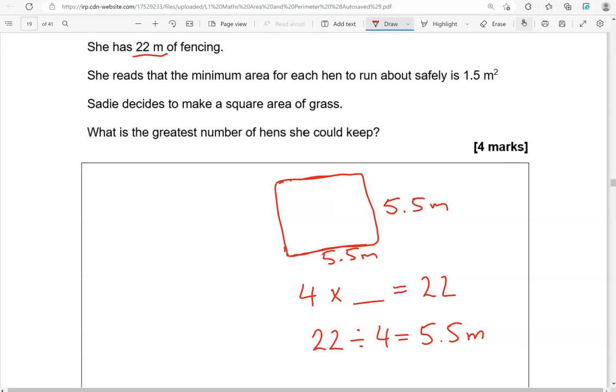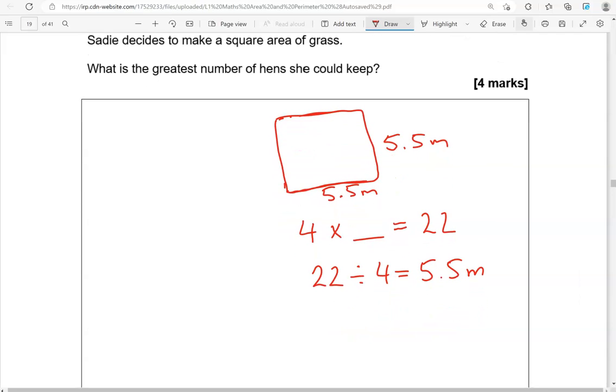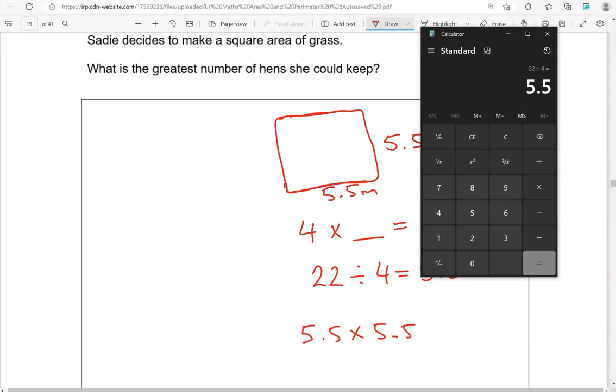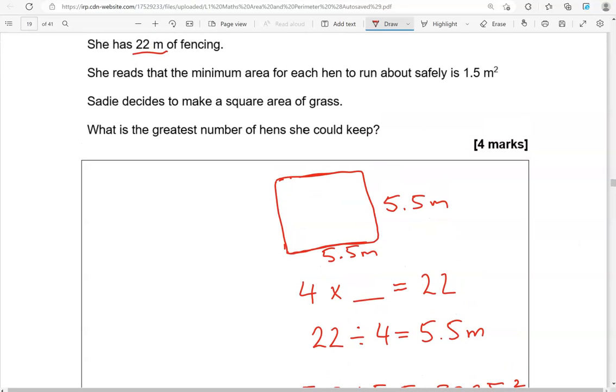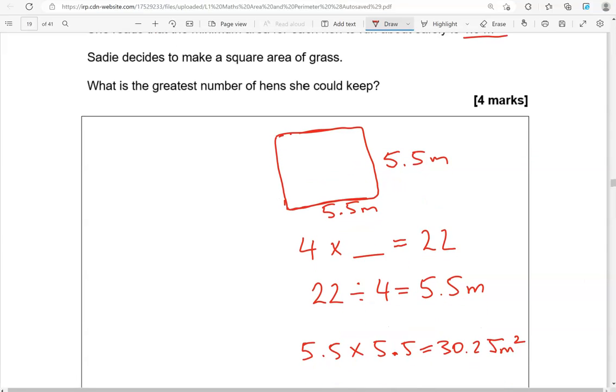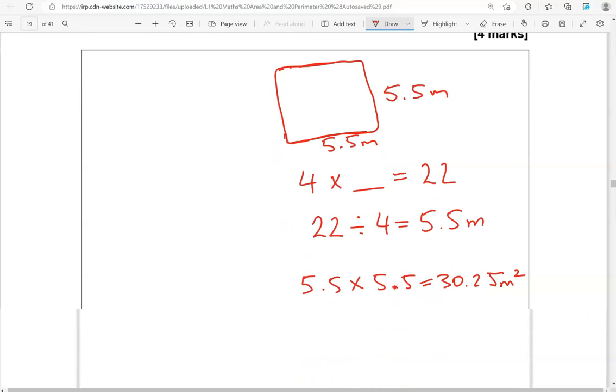To work out how many hens you can keep, we need to work out the area of the shape. So that is 5.5 times 5.5, which is equal to 30.25 square meters. So for each hen to run about safely, 1.5 square meters are needed, so we're going to divide 30.25 by 1.5.